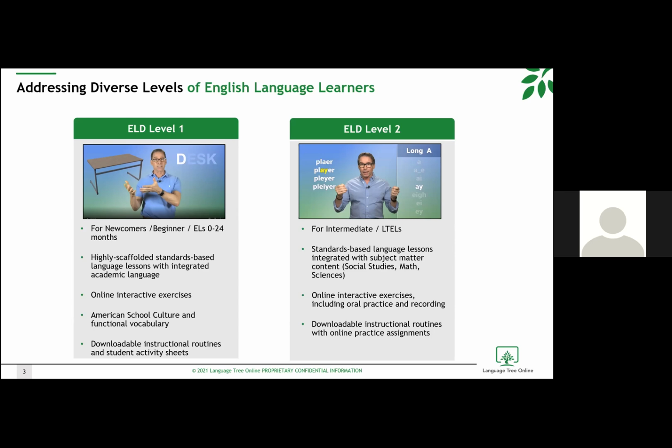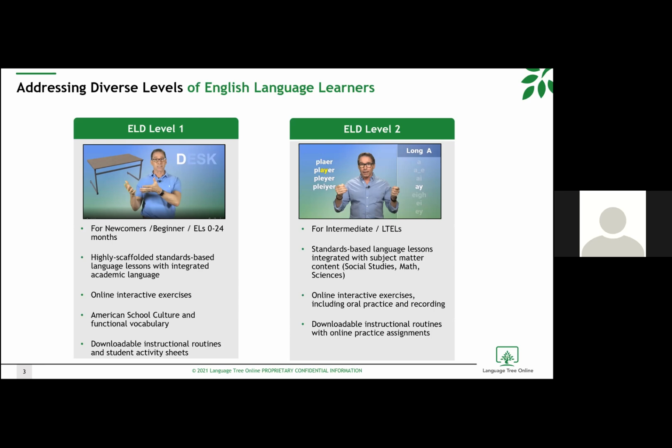This curriculum is highly scaffolded for our beginning English learners. We also have a module within ELD Level One that is specifically for our newcomers. It's called American School Culture, and the intent is to help them with acculturation, their social and emotional needs, and to help gain that functional vocabulary.